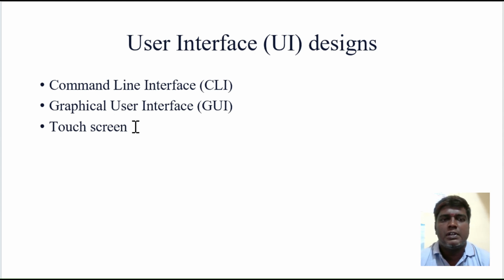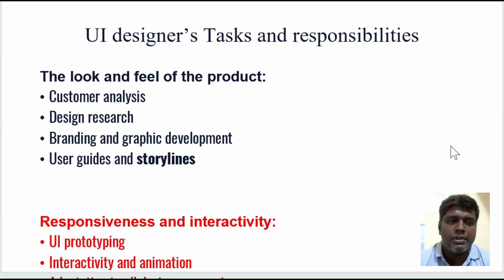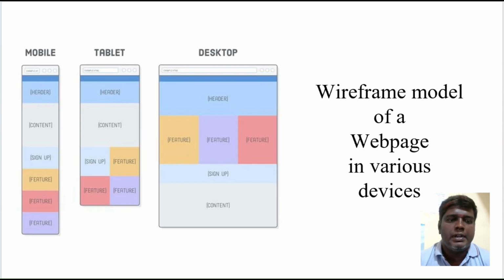The user experience is completely different in both, and the designs should be based on that. Now, as we have already seen the responsibilities for user experience, for user interface the main responsibility is to make the look and feel of the product good, and the responsiveness and interactivity very clear.